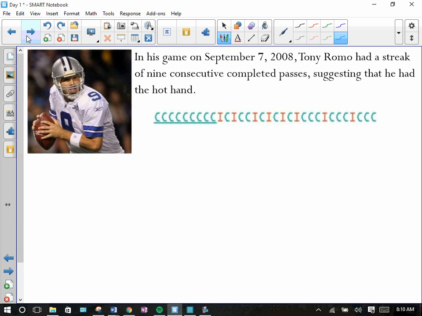On the other hand, if he didn't have the hot hand, it would be because this streak of 9 completions was due to random chance. So, was this streak of 9 completions due to Tony Romo having the hot hand, or due to random chance?